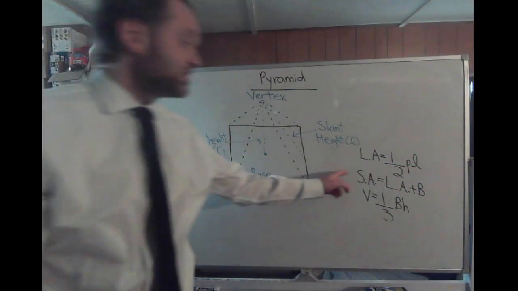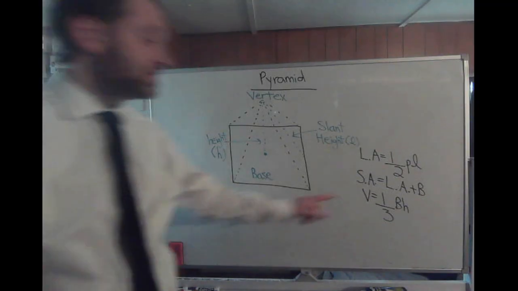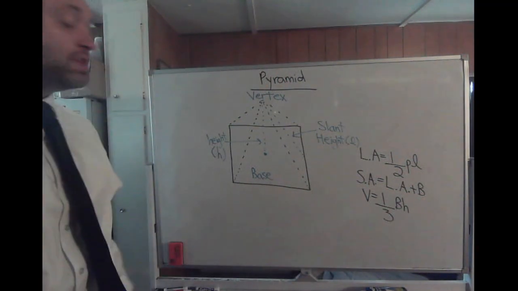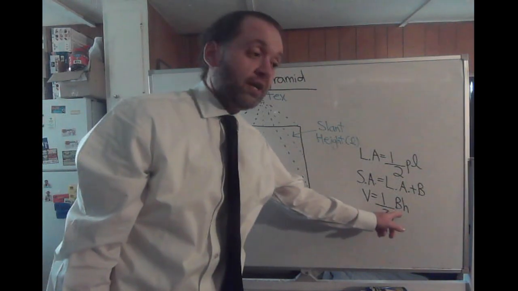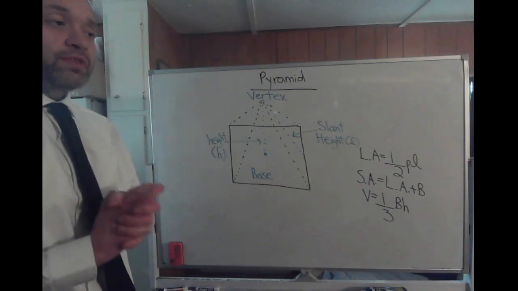And then the surface area, which is the total coverage of the solid itself, is the lateral area plus the area of the base. And then, of course, you have the volume, which is 1/3 of the area of the base times the height of the pyramid. Now, where do we get 1/3 from?